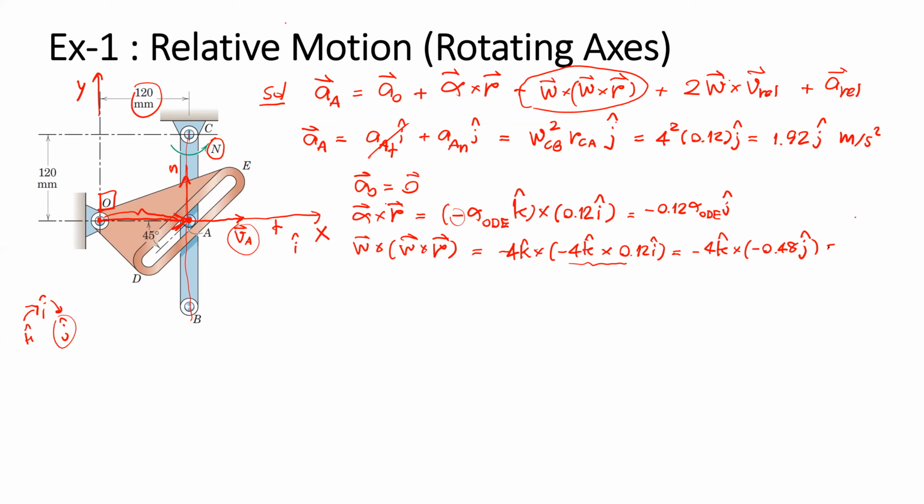And finally, k cross j will be minus i, and with the minus sign, minus 1.92 i.